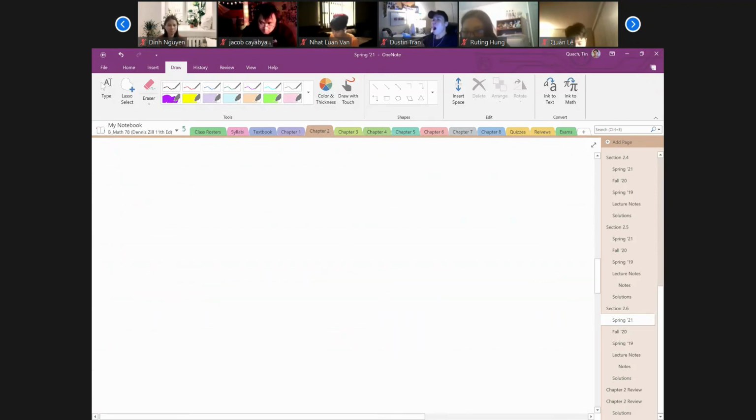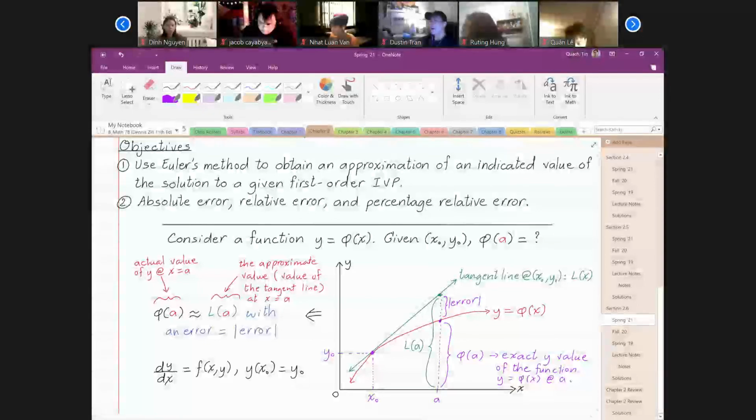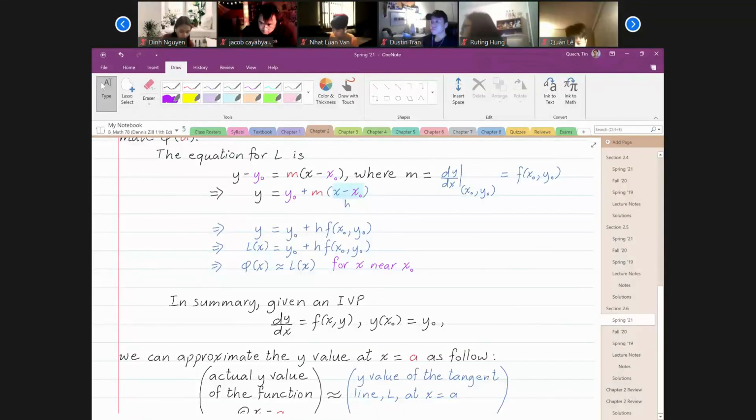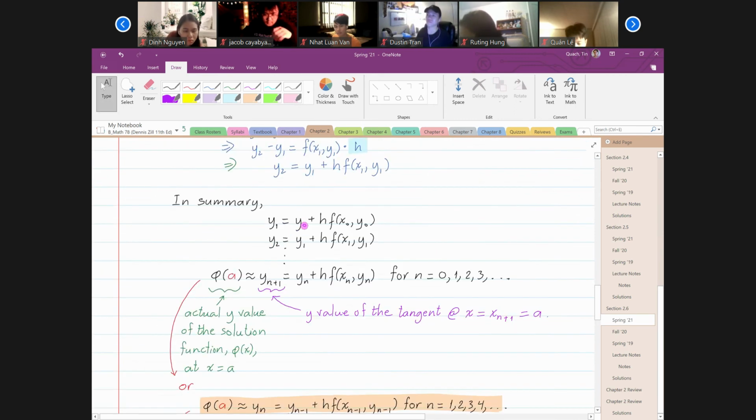So remember, if you go back to the geometry behind this, when the step size is smaller, you get a better approximation. So the more iterations, and each one of these is one iteration, the more you calculate, the better the approximation is.